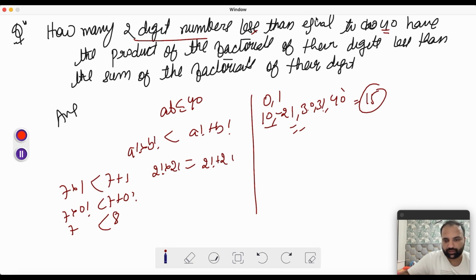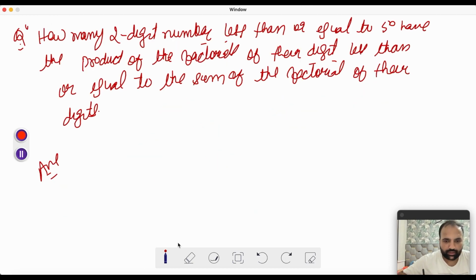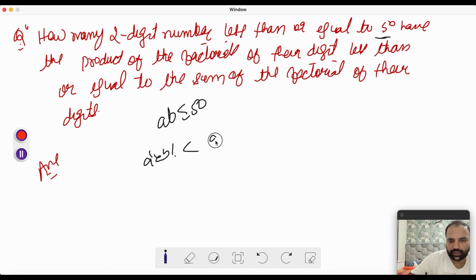Okay, I'll do another one. Again, the question is the same. Now it's 15 less. So how many 2-digit numbers less than or equal to 50 have the product of factorials less than the sum? We know what we can take: all those numbers less than 50 that carry 0 or 1.